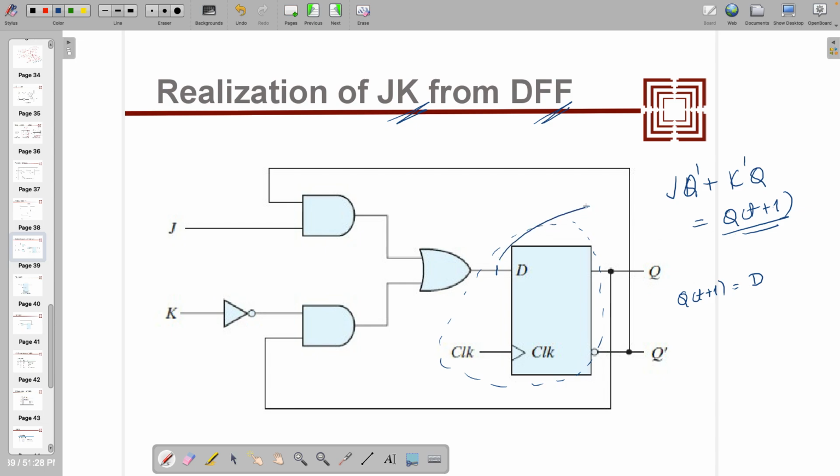So you can say that it's following the D after delay. So it's actually the transparent thing after settling output, or it's as good as a buffer. So if this is the case, I can feed over here this equation, which is J Q prime plus K prime Q, and if it is fed to the D, then same will be output, but it will add extra additional delay.